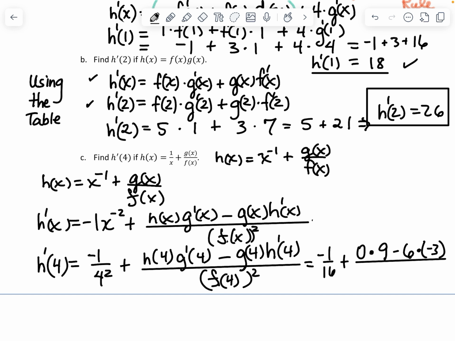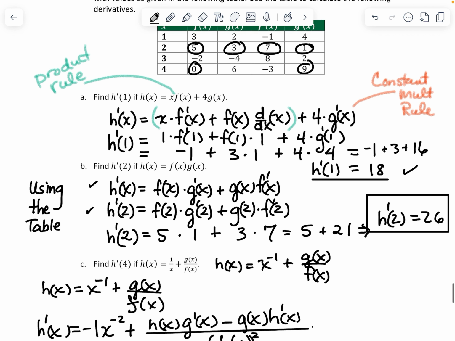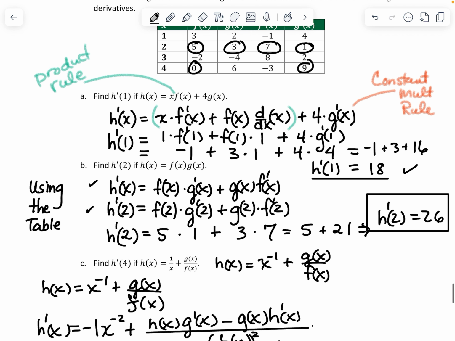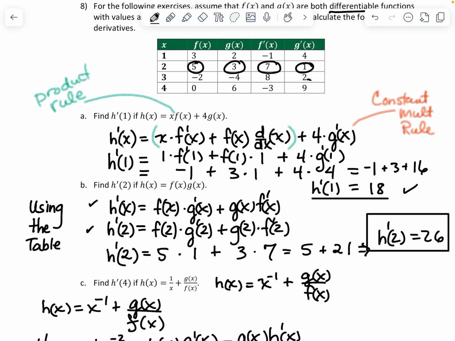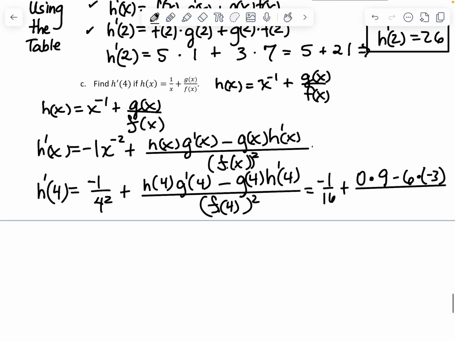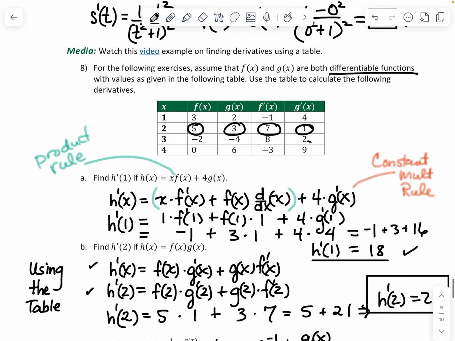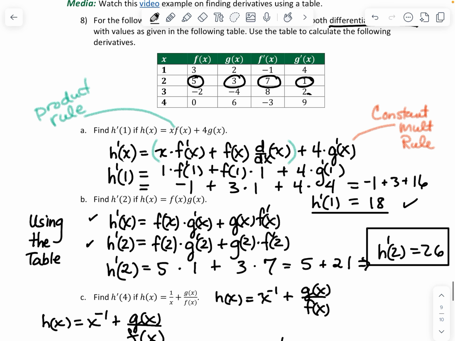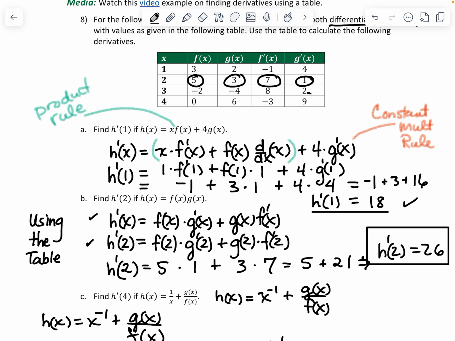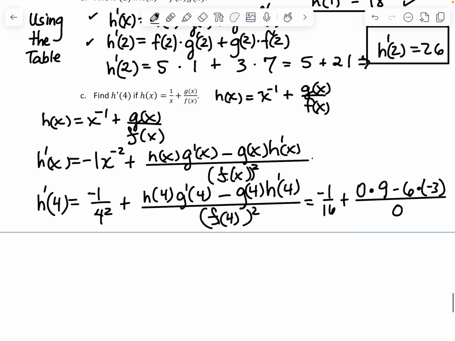So f of 4, I'm going to go back and just check my values. I want to make sure that I have the right values here. I have f of 4 is 0, so it looks like I have 0 in the denominator. And I'm going to check the g prime of 4. G prime of 4 is 9.